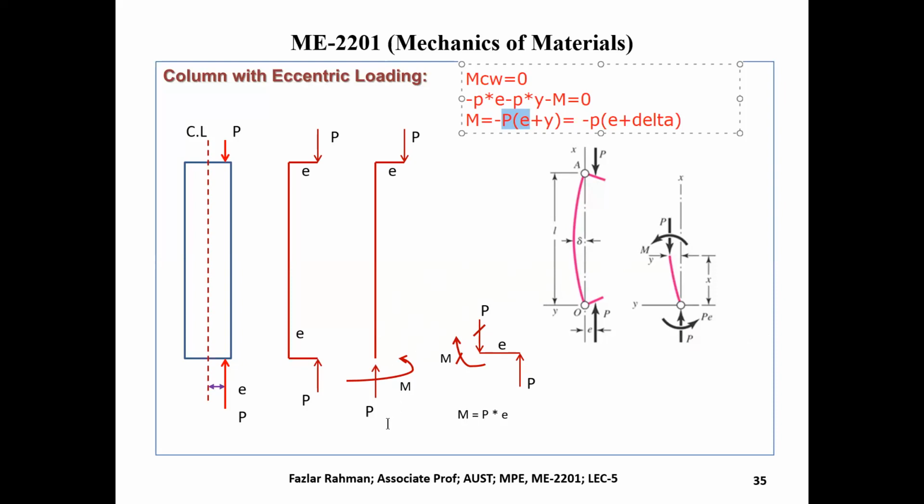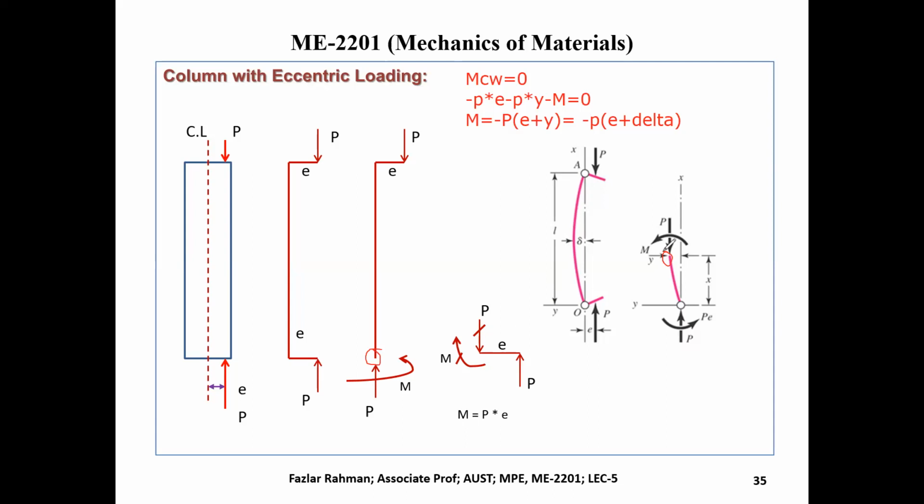And if you look carefully at this point, how many forces are there? You look over here. How many forces are there? One is the axial compressive force, that means P. The other one is the bending moment. Due to the bending moment, what kind of stress will be there? Anyone?